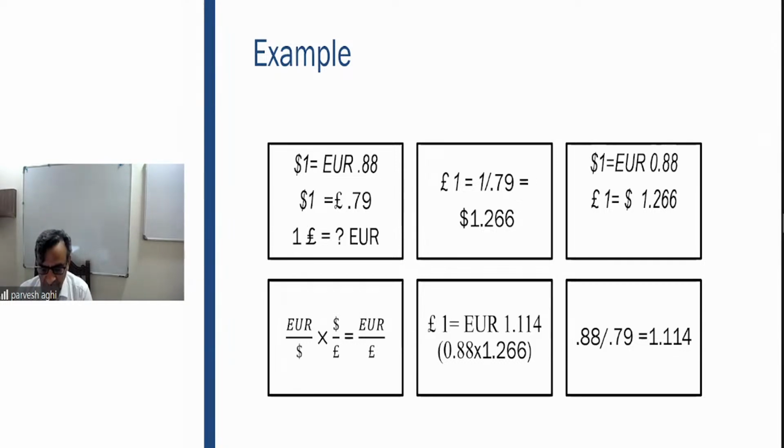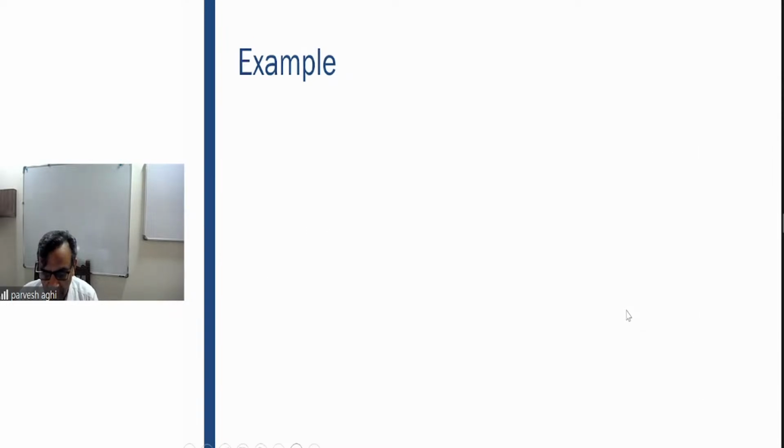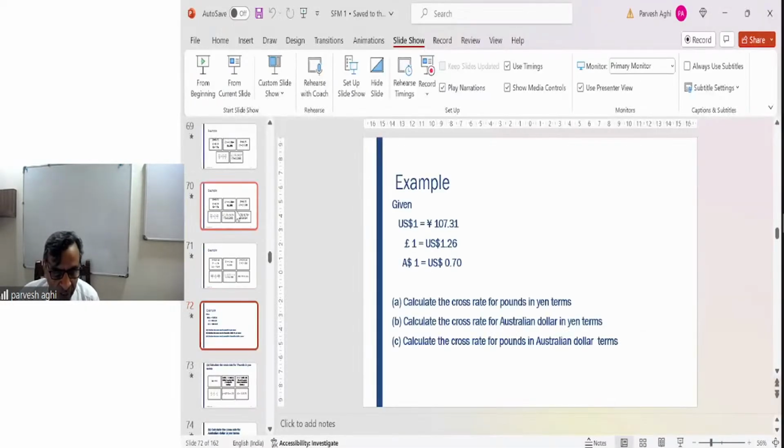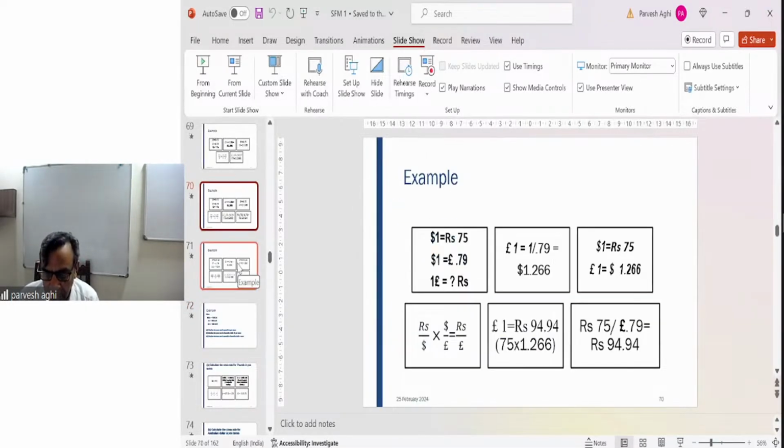So you get 0.8977. So what do you do? 1 divided by 0.8977, and you'll get the same answer. So you get the same answer if you do 1 divided by it. I'm going to add one more slide here so that you understand what I'm talking about.